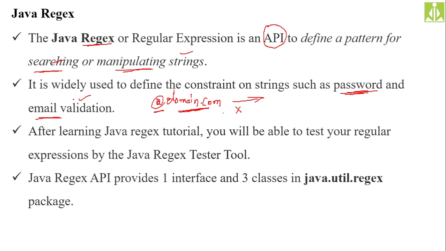We call that validation. So doing the proper entry into the database and avoiding unwanted entries into the database is nothing but validation. Same thing for password. Generally on a password, we impose some constraints, isn't it?